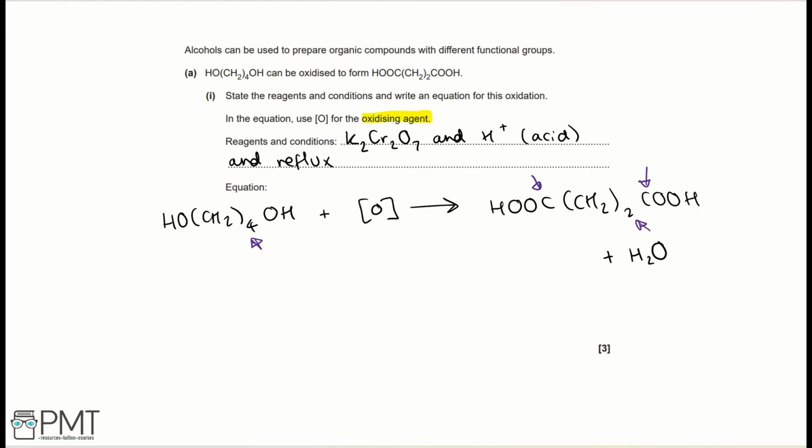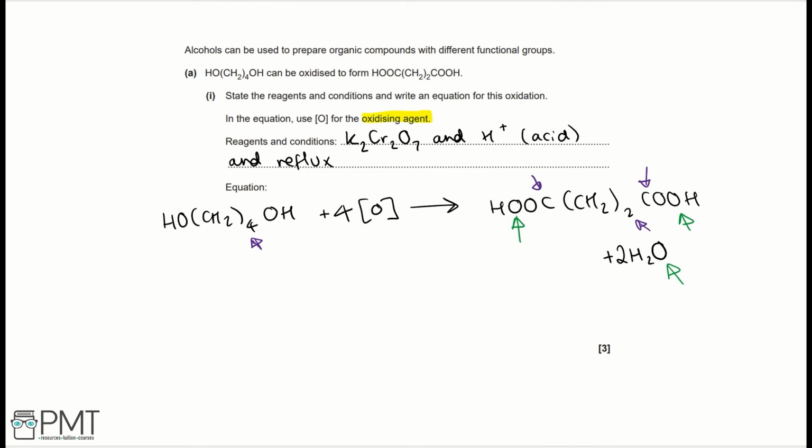But our number of hydrogens has changed. And so to balance it with this H2O, we actually need 2 waters to make sure this is a balanced reaction. And looking at the differences in the oxygens, well, we have an additional 2 oxygens here, but we also have 2 from the water. So to balance, we need 4 oxidizing agents.